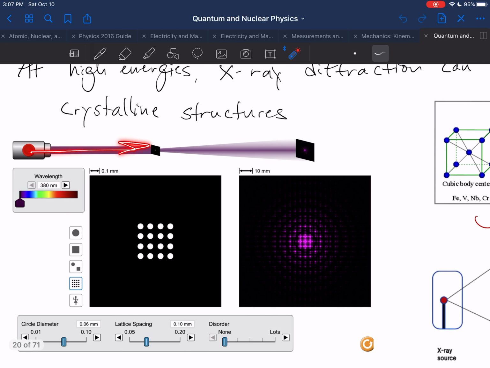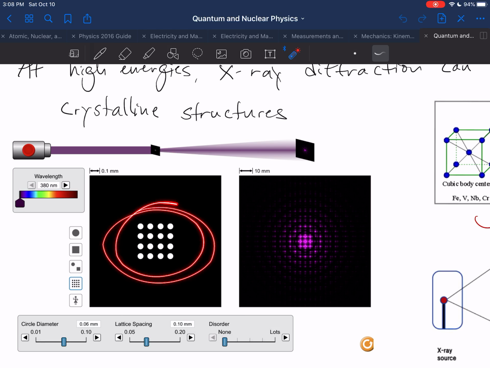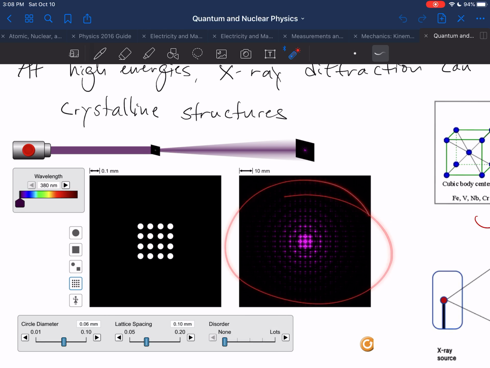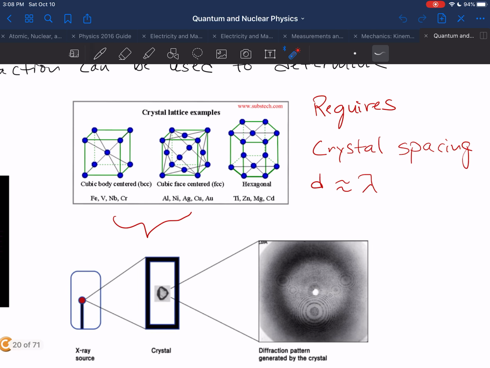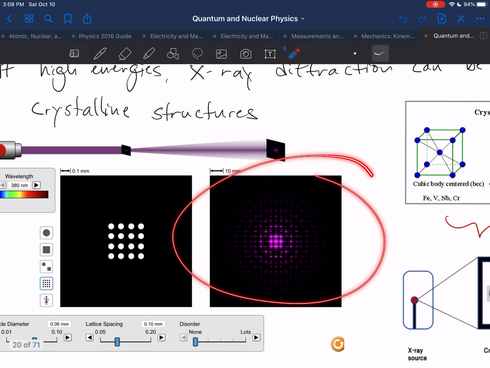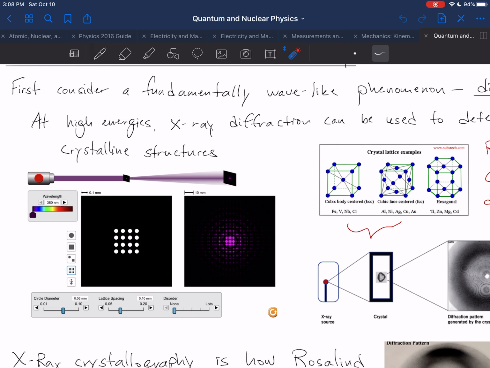If light of very low wavelength is sent at a crystalline structure, an object that looks kind of like this, you get a very distinct diffraction pattern. The math of the production of that diffraction pattern is beyond this course, but you can tell that this is very similar to some of the analysis we did in the diffraction and interference units in topic 9.